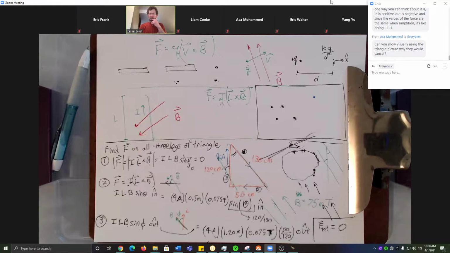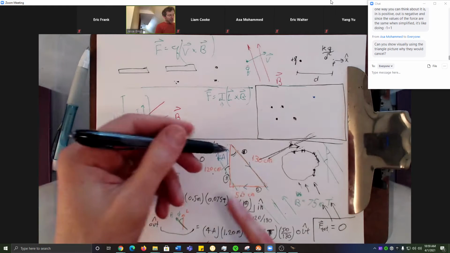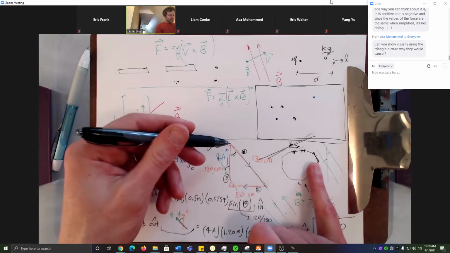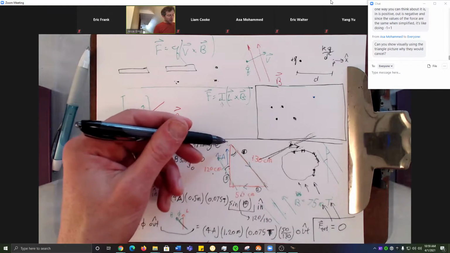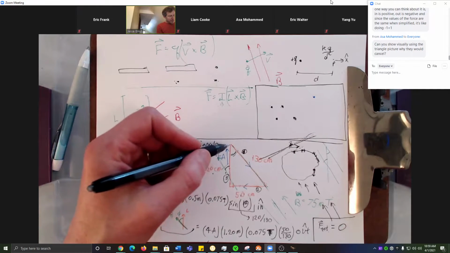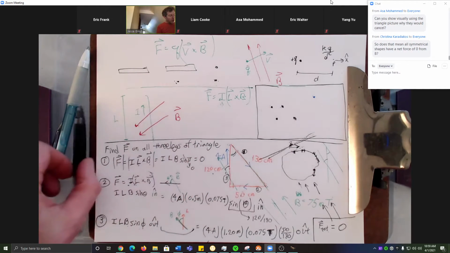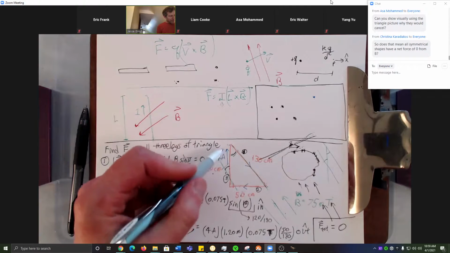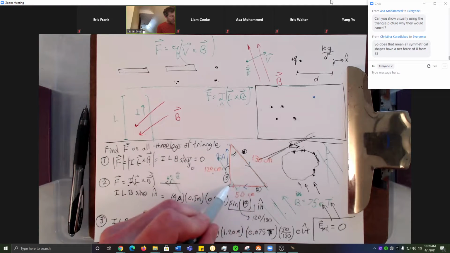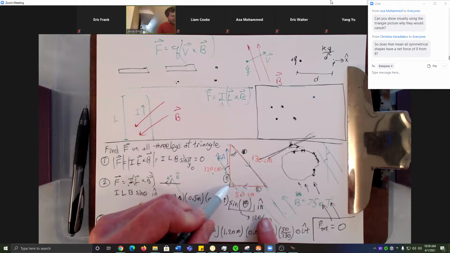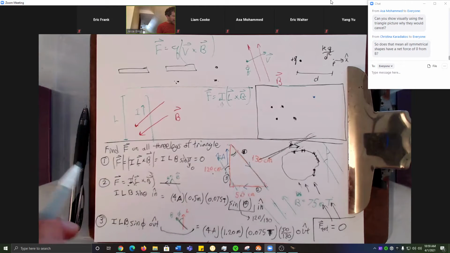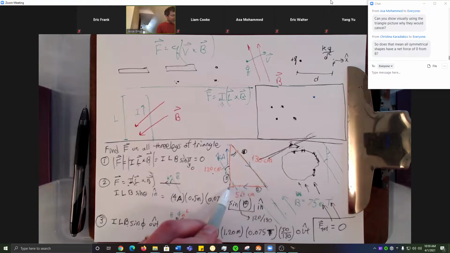Yeah, so Asa, can you show visually using the triangle picture why they would cancel? Yeah, okay, right. That's a good point. Rather than this one, if we look at this one, physically they cancel because, as you step along here, we already said there's an inward force on this leg.